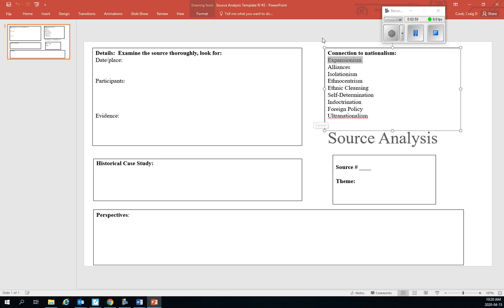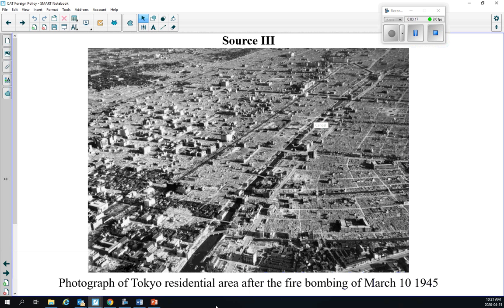Japanese expansionism led them to bomb Pearl Harbor in 1945, which drew the Americans into World War II to begin with. And so, from that perspective, that's how you're using expansionism. America was fighting back against Japanese expansionism, culminating with the photograph that you see, the firebombing of Japan.